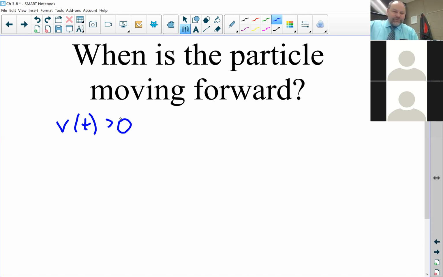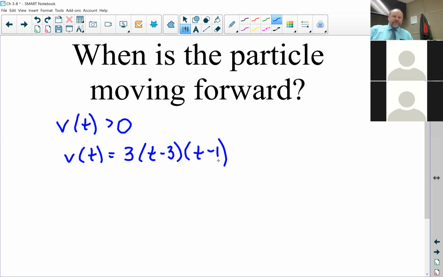So in the previous problem, we found that the velocity could be factored into that expression. And so to determine when the particle is moving forward, I'm going to plot those values on a number line.